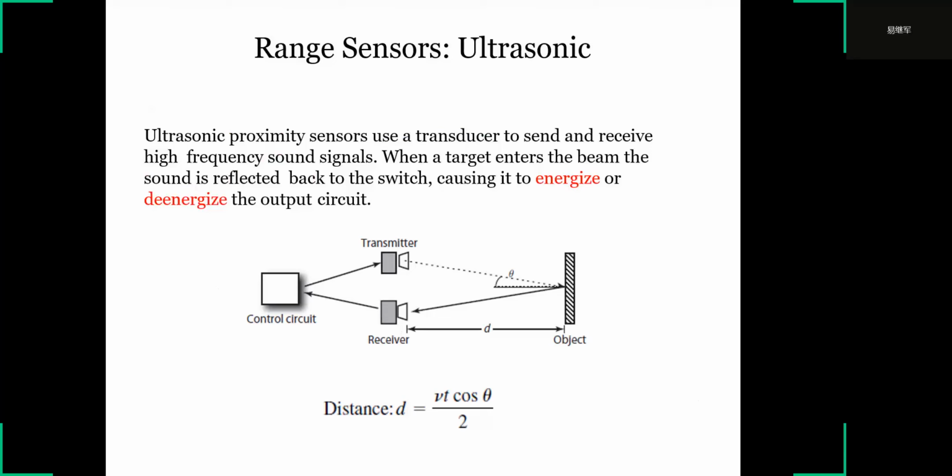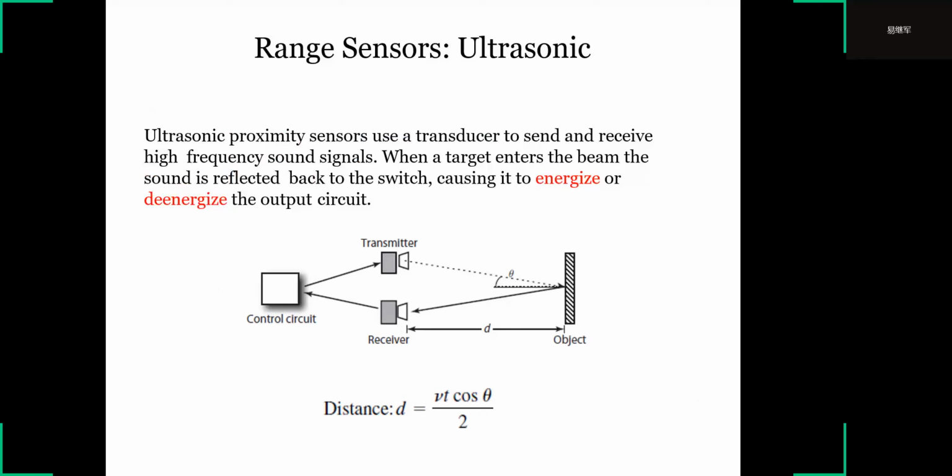Range sensors are ultrasonic range sensors. Ultrasonic proximity sensors use a transducer to send and receive high frequency sound signals. When a target enters the beam of the sound, it is reflected back to the switch, causing it to energize or de-energize the output circuit.